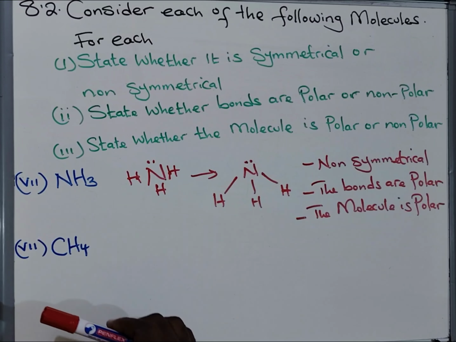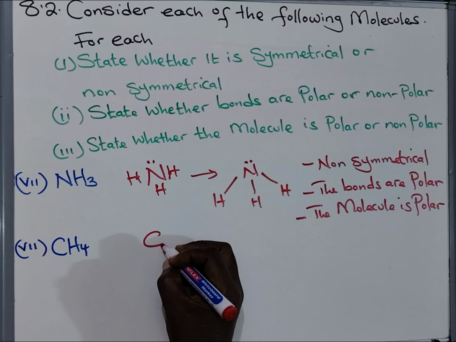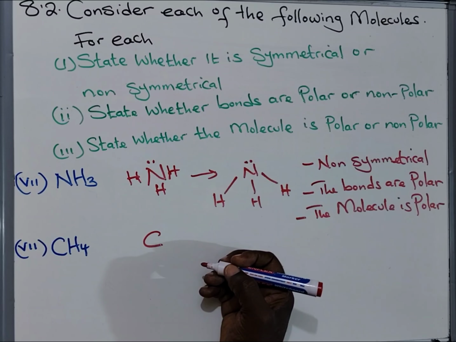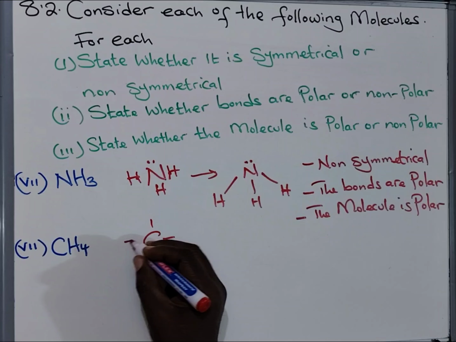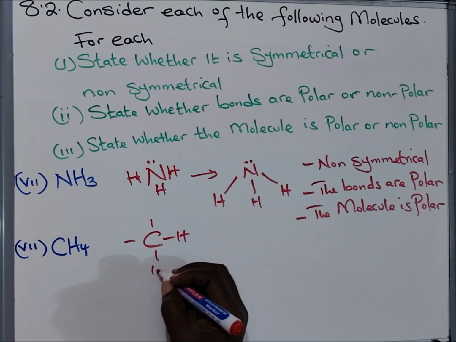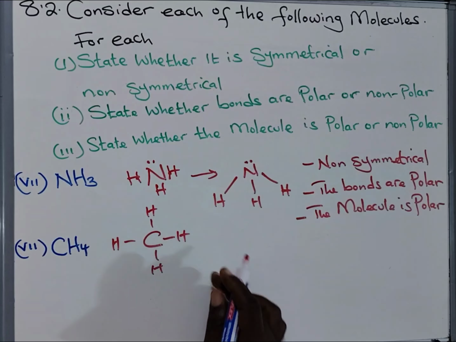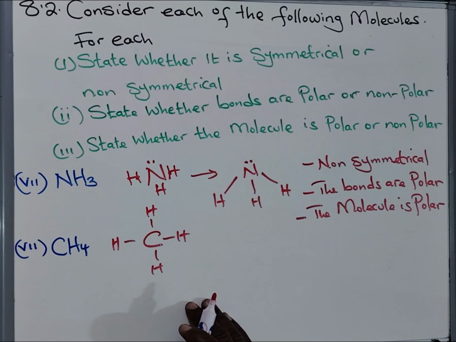Now into CH4, methane. For this one, the central atom is carbon, which is a group 4. So all the 4 valence electrons are unpaired, giving you 4 bonds like this, adopting a shape of tetrahedral.